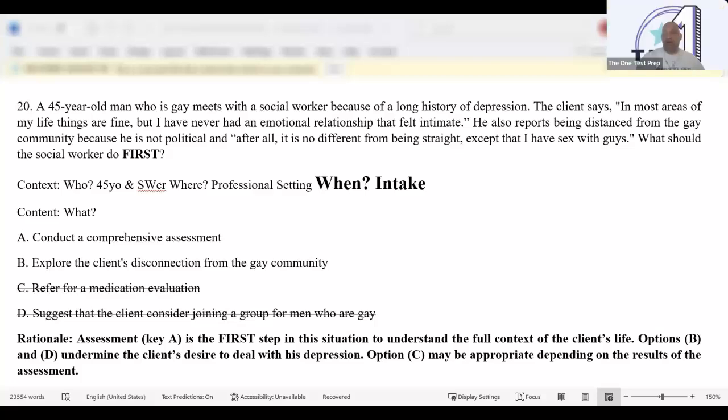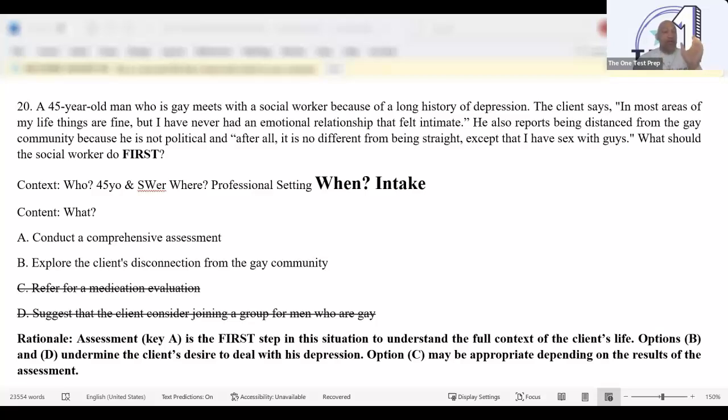Excellent. What I was saying about why I felt you particularly got this one: when you were talking about why you would eliminate D, you said, well, we're in the intake phase. I didn't want to give it away when I was talking about the context and the content, explaining how we want to understand who, where, when.